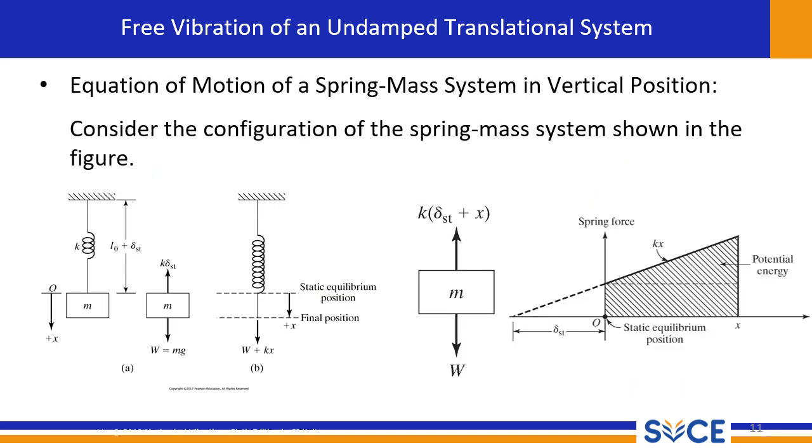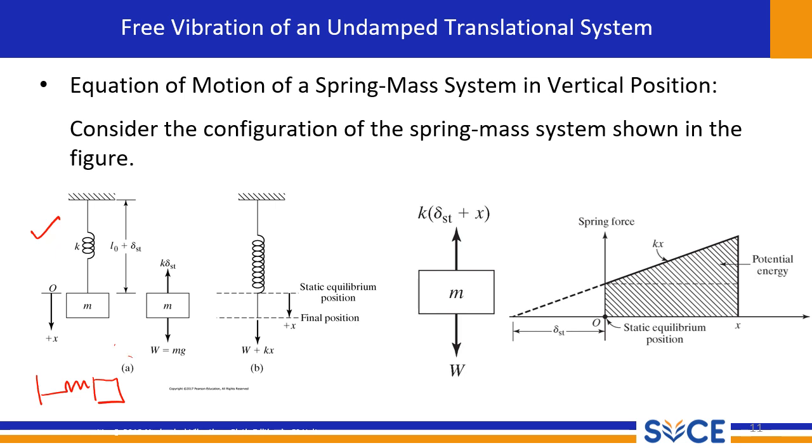So far, we have analyzed the spring mass system in a horizontal configuration. That means the spring mass system will look like this. Now let's consider the more general case of a vertical spring mass system. This introduces the additional force of gravity. The process of deriving the equation of motion remains fundamentally the same. Consider the configuration shown in the figure.